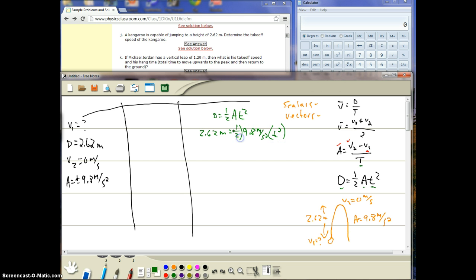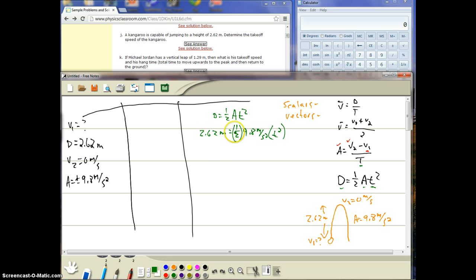Now I want you to see that I used a positive here because distance is a scalar and time is a scalar, so I don't need to use acceleration as a negative number, because these are scalar quantities that can only be positive.